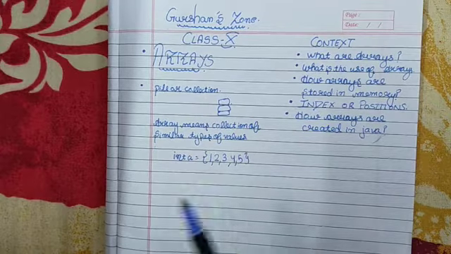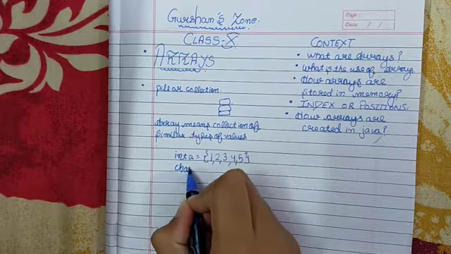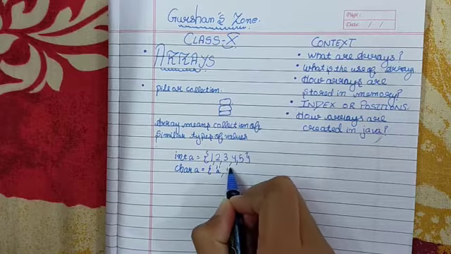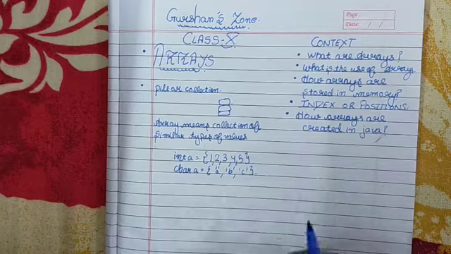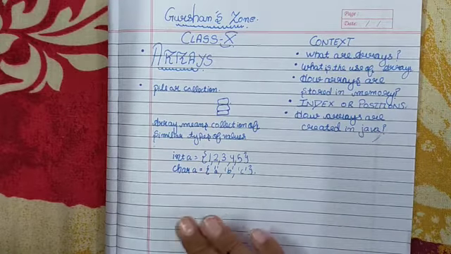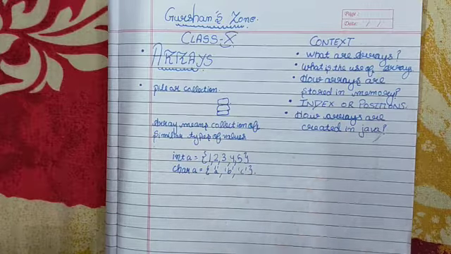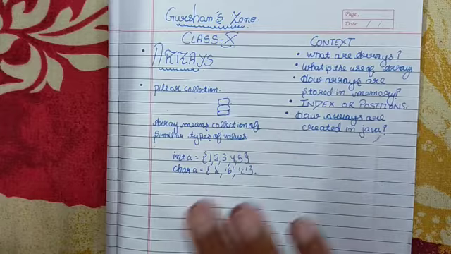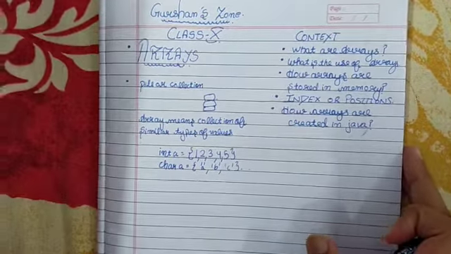We can use char also: char a equals a, b, c. You can use any type of character, but not another value than a character. You cannot use integer in the category of character. So array means collection of similar type of values. Similar means same type of values.